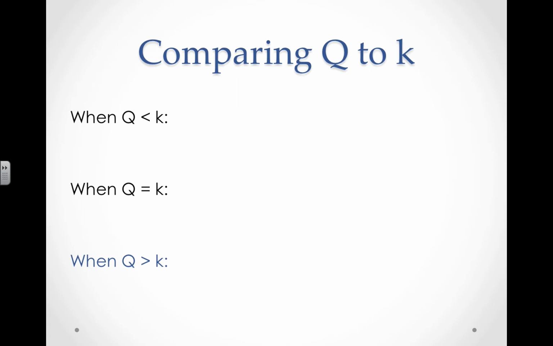Okay, so we have three scenarios. Q can be greater than or less than or equal to K. Now, I want you to think about the form of each of these, and it's products over reactants. So if Q is less than K, then in this Q scenario we have too much reactant, too much denominator.